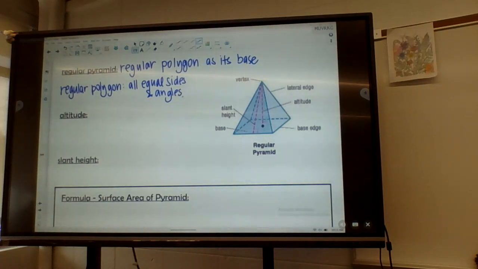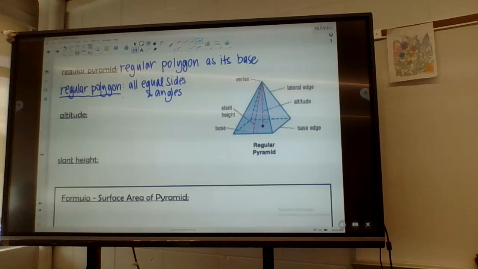So a square would be an example of a regular polygon. I don't think I need to define the word pyramid. I think most of us know what a pyramid looks like. I mean, from movies and cartoons, even little kids probably mostly know what a pyramid looks like.